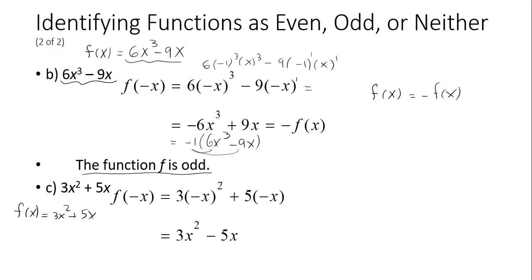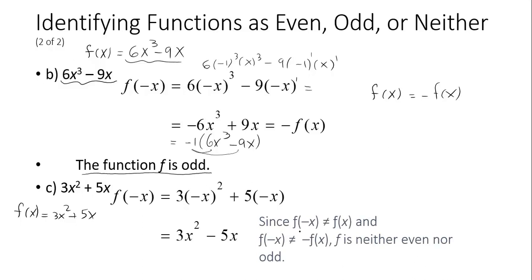As you can see, the exponent is even, so this becomes plus 3x squared, and this becomes minus x times 5, which is minus 5x, and we don't have either of those conditions for the function being even or odd. f of minus x is not equal to minus f of x, and also f of minus x is not equal to f of x. So in this case, we're going to say it is neither.